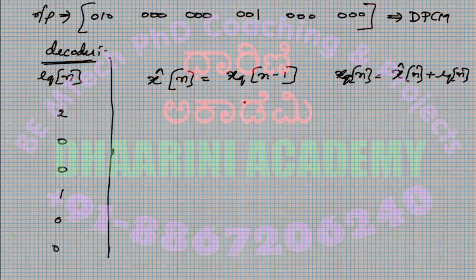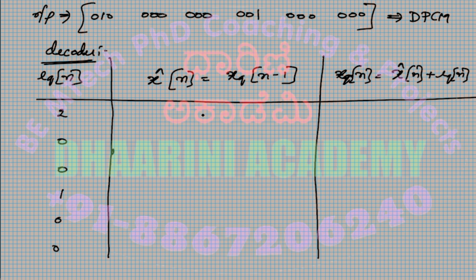Initially starting with 0, simply add 0 plus 2, which is 2. Next, this 2 comes here, 0 plus 2, 2. Then this 2 comes here, 2 plus 1, 3. 3 comes here, 3 plus 0, 3. And 3.